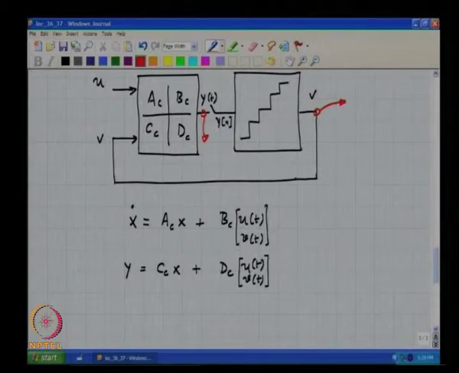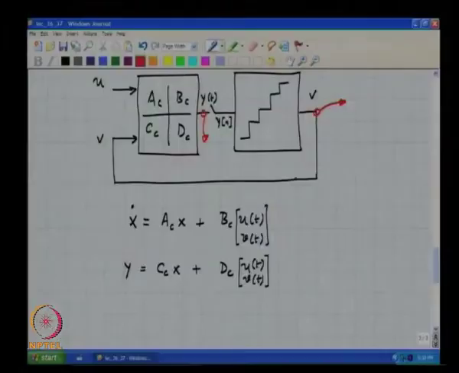So, we would like to find out therefore only the outputs of the loop filter at discrete instances of time. We are not really interested in the output of the loop filter for all time. So, the question now is, can this be exploited to simplify the simulation of the loop? Do you understand?